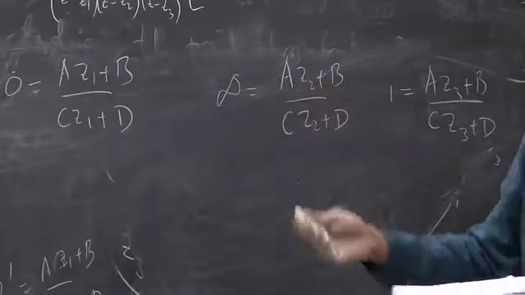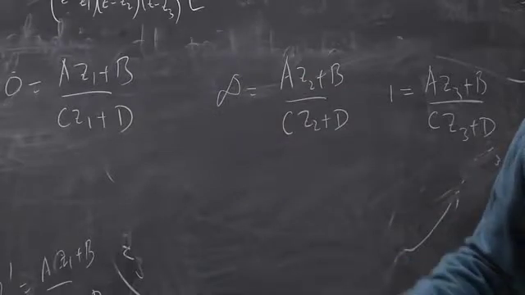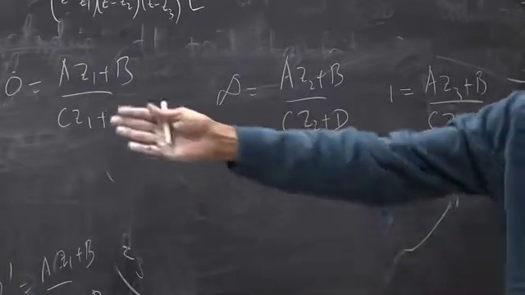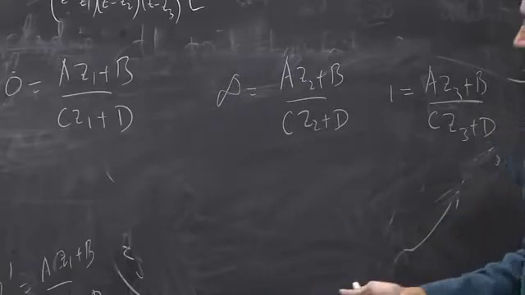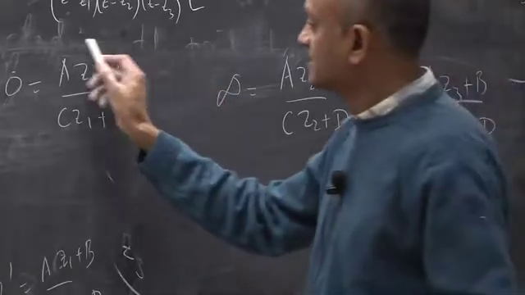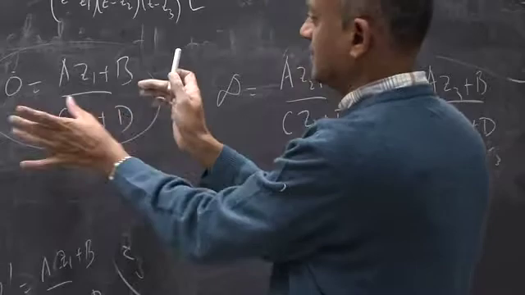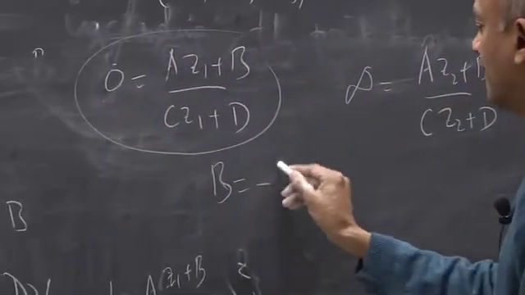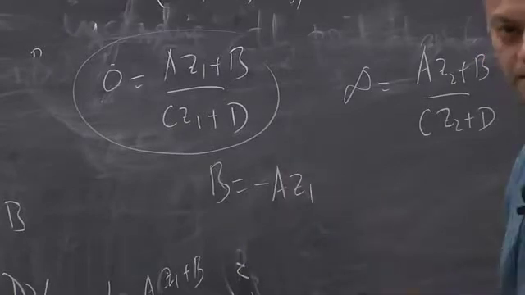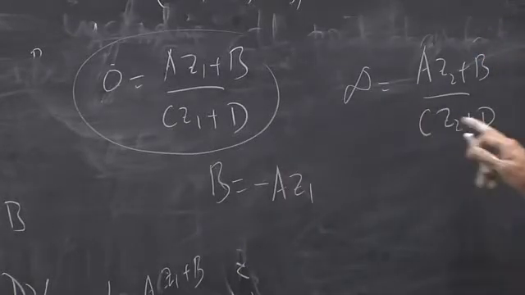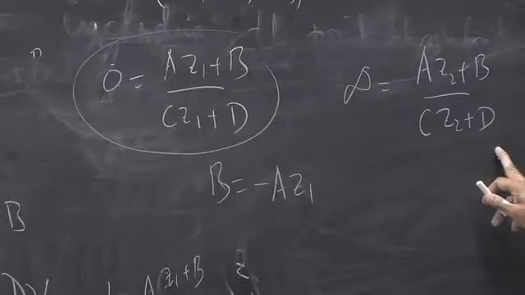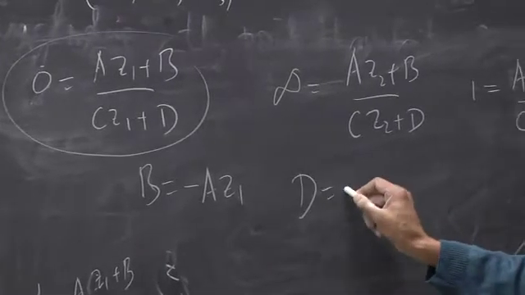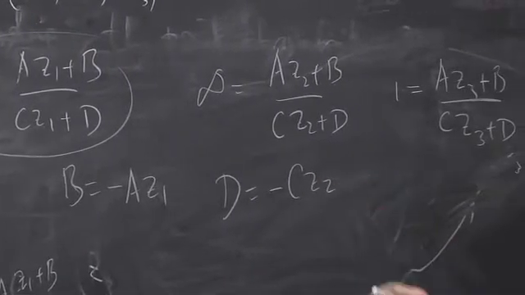And I want to solve for A, B, C, D. This will be 0 if the numerator is 0, so B must be equal to minus A z1. And infinity means that the denominator must be 0, so D equals minus C z2, okay?